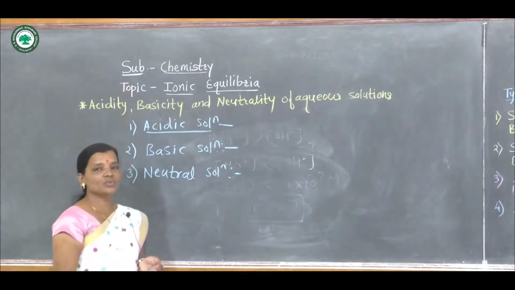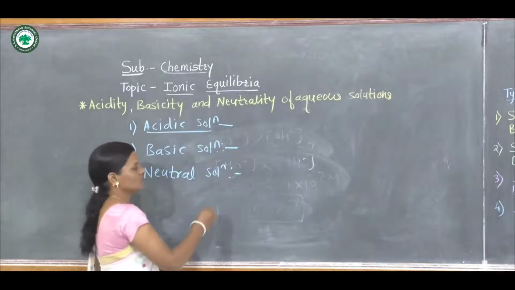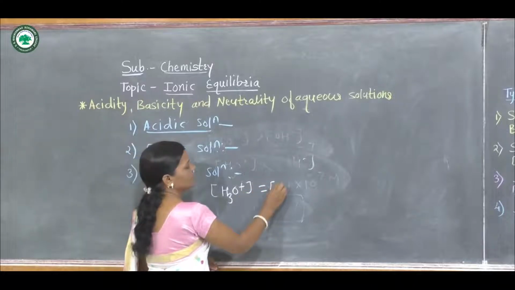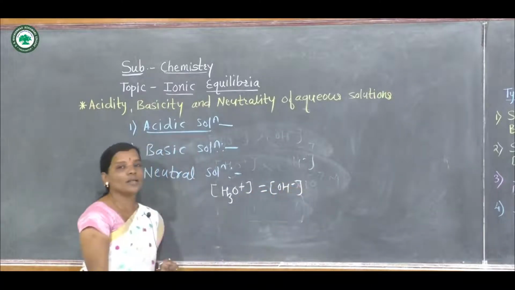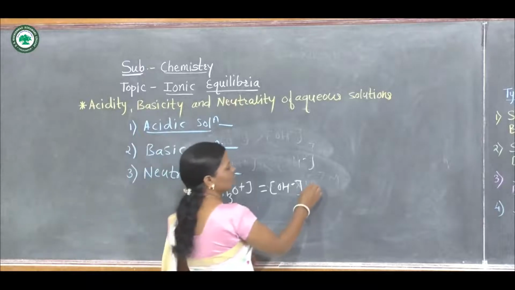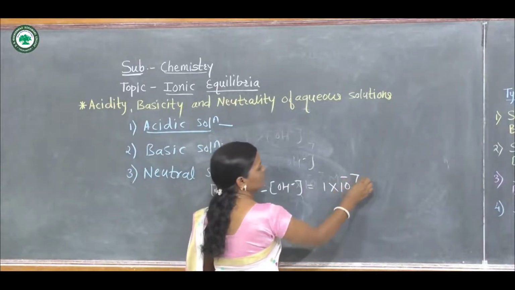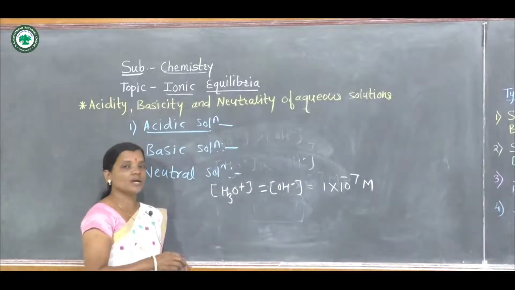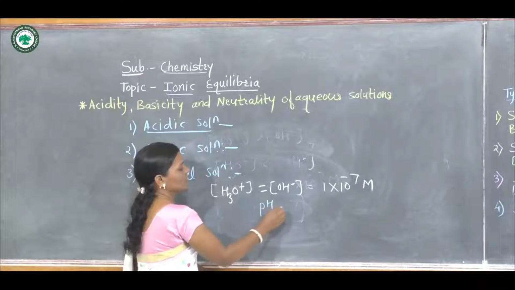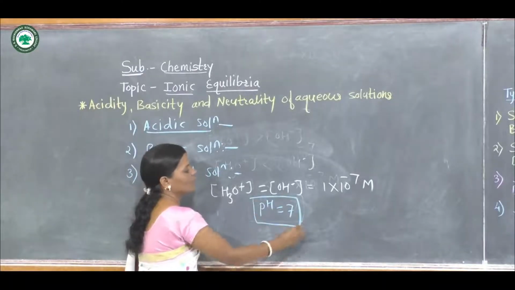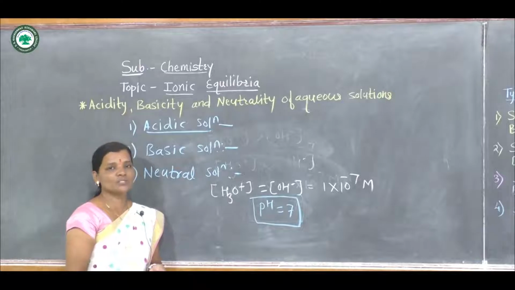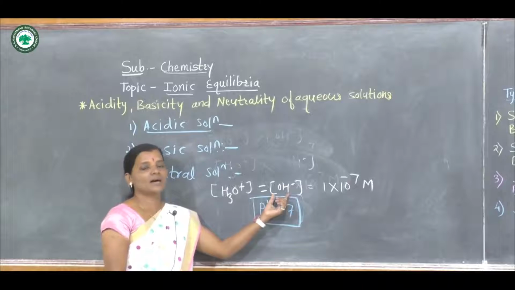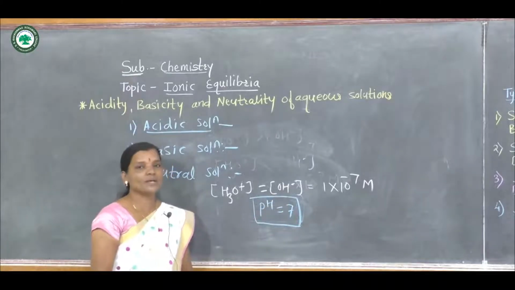In case of a neutral solution, the hydroxyl ion concentration and the hydronium ion concentration are always equal, and these values are found to be 1 into 10 raised to minus 7 molar, and hence in case of a neutral solution, the pH of the solution is found to be 7, because here the hydronium ion concentration always equals the hydroxyl ion concentration and the solution becomes neutral.